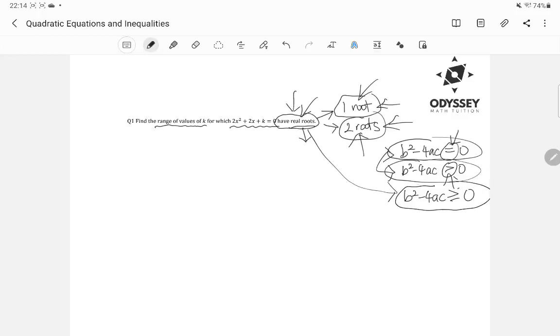So find the range of values of k. Let's do it. Now we have this quadratic equation, 2x squared plus 2x plus k equals 0.